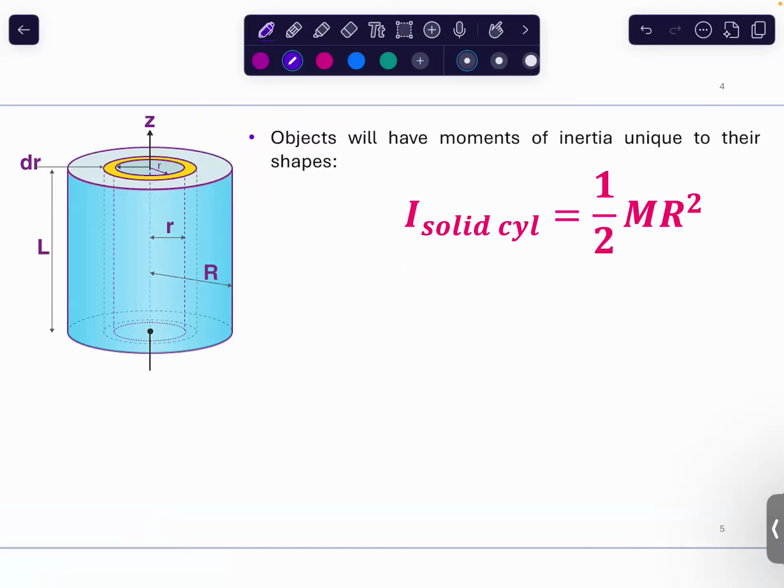Here, for example, we're looking at a solid cylinder. What we're doing here is looking at individual little hollow cylinders, going from the very center of the cylinder all the way out to the edge, one differential little thickness at a time.